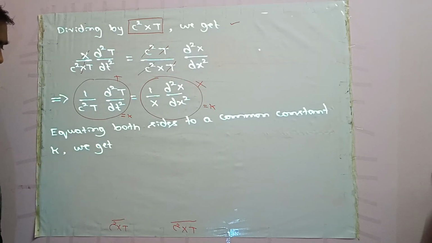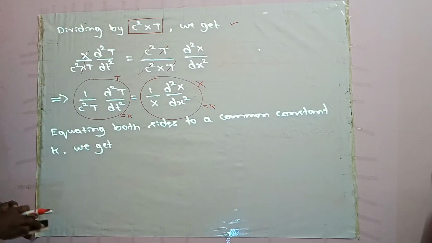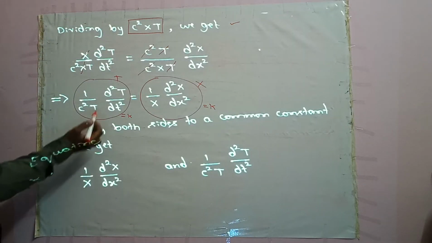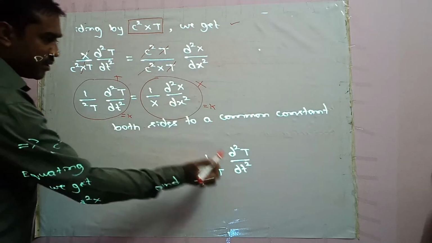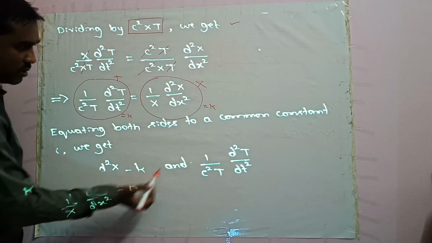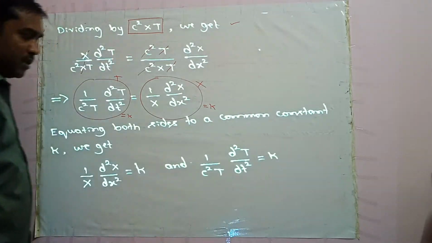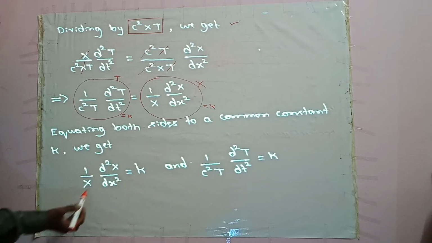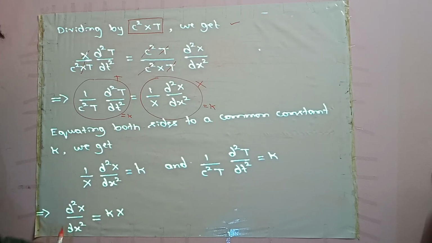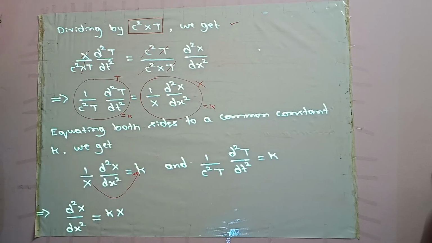Let us do that now. I have taken this side here and this side here. I am going to equate this as k, and this again as k. Now cross multiply this with this k, you will get this.